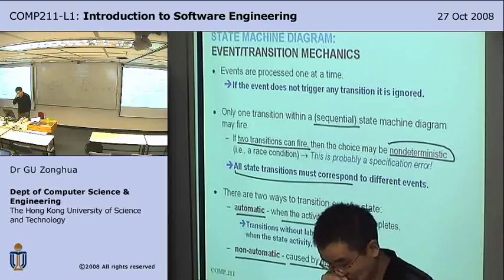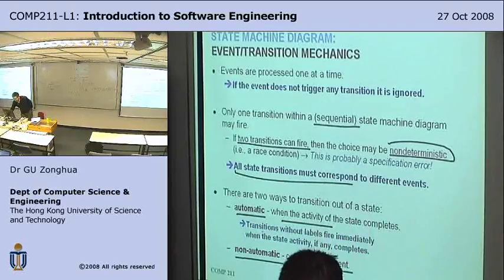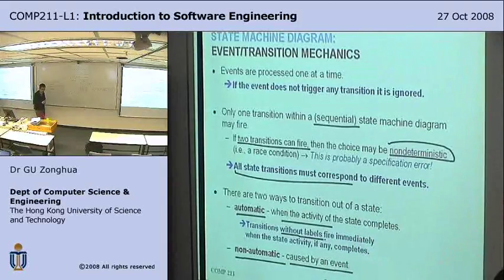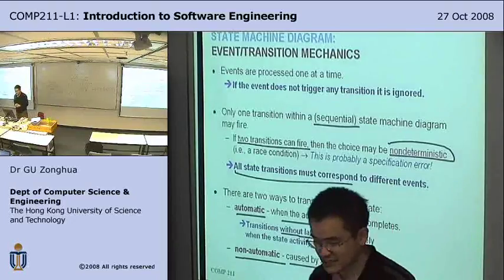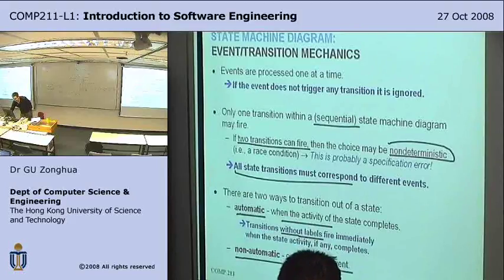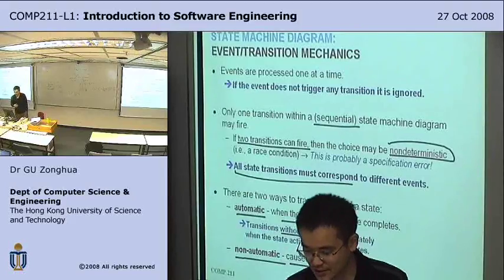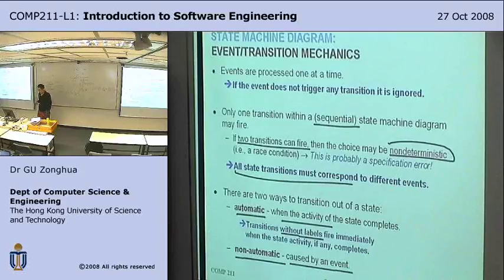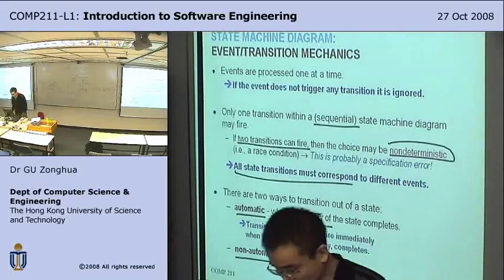These are transitions without labels. The labels are event, action, guard. If a transition doesn't have any labels, then it is an automatic transition that happens immediately when the state's activity finishes. We'll see an example of it later.